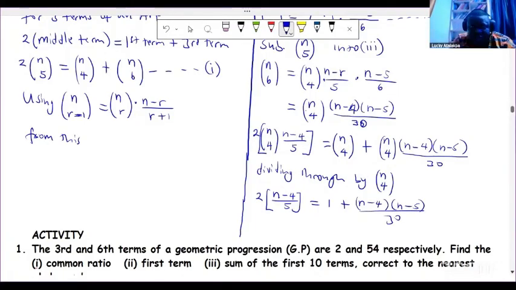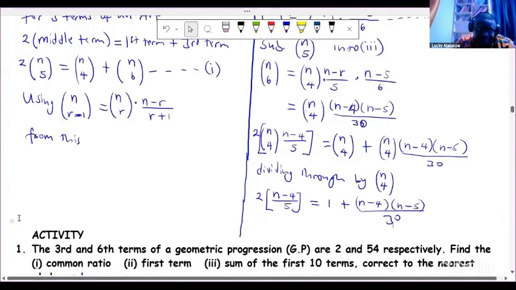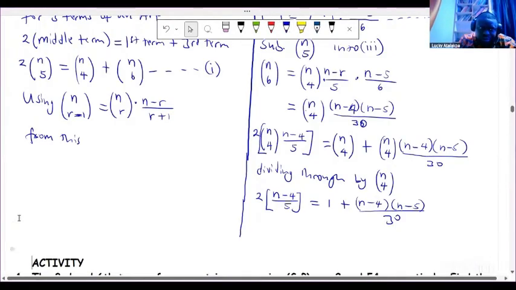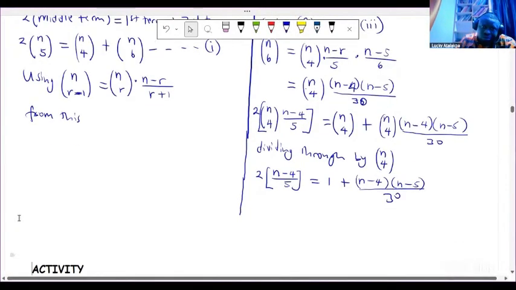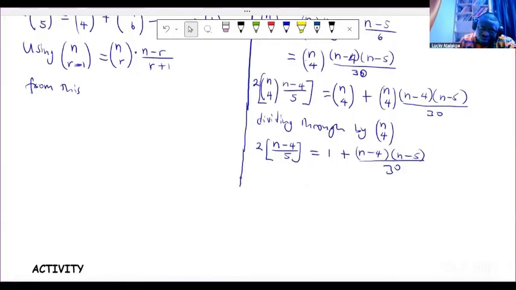Good. It's now making sense. Now, to take out this fraction, I want to multiply all the terms by 30.